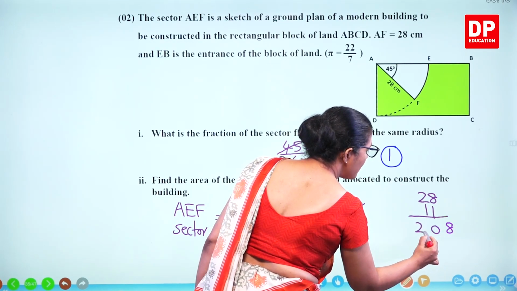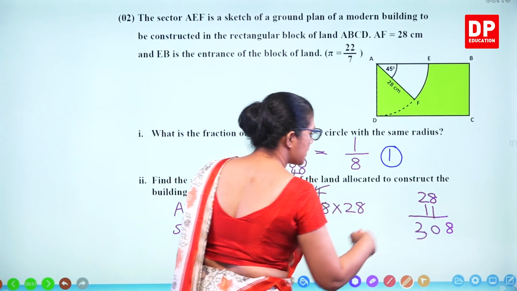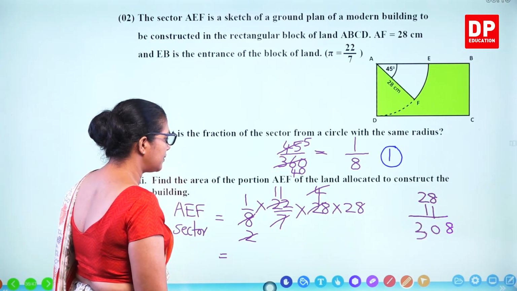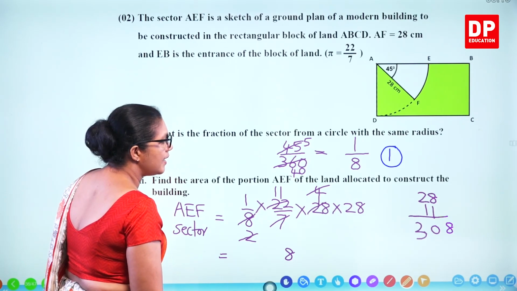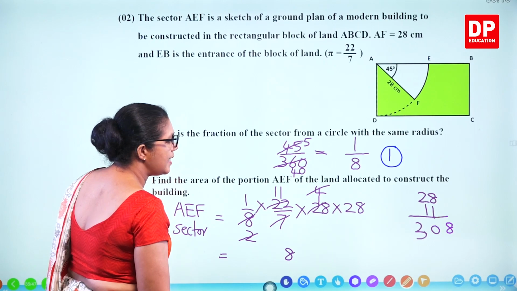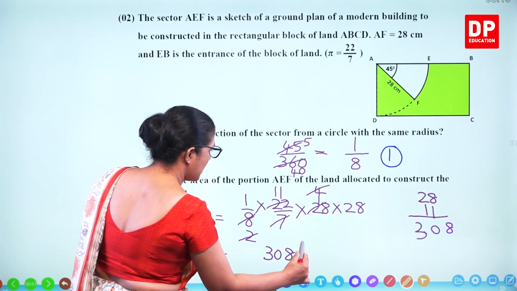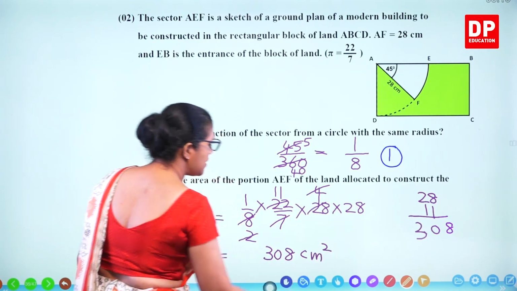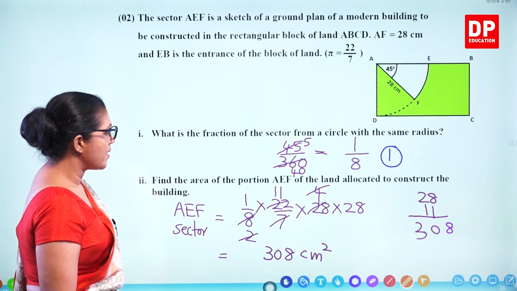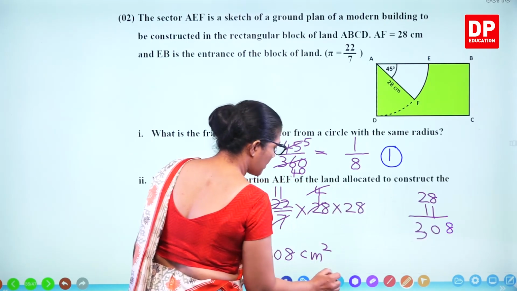So 0 and this becomes 3. 10, you add 1 to that. 308. So 11 times 8, 88. And 11 times 2, 22 plus 8, 30. So 308 square centimeters. So this is centimeters. So the area is square centimeters. So you can get 2 marks for this part.